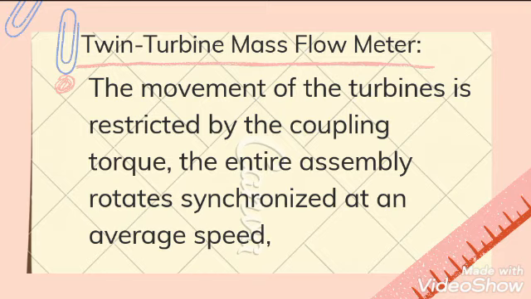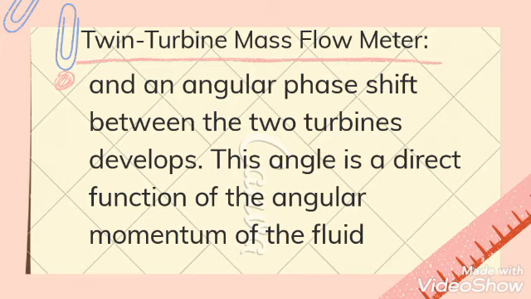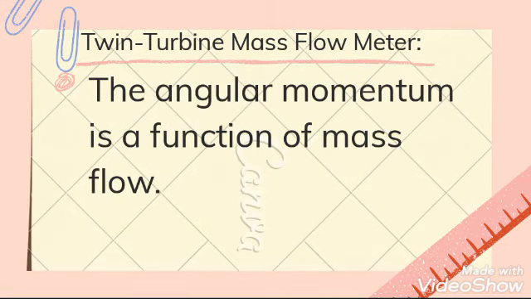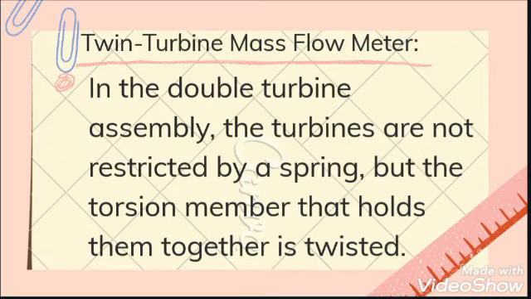The entire assembly rotates synchronized at an average speed and an angular phase shift between the two turbines develops. This angle is directly proportional to the angular momentum of the fluid. The angular momentum is a function of the mass flow because the angular momentum is proportional to the flow.